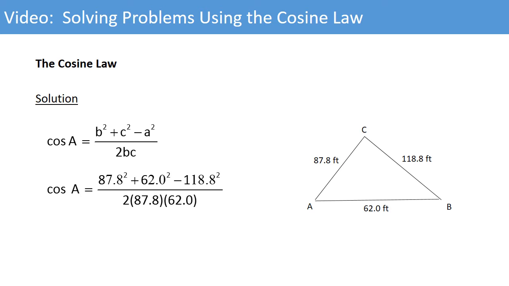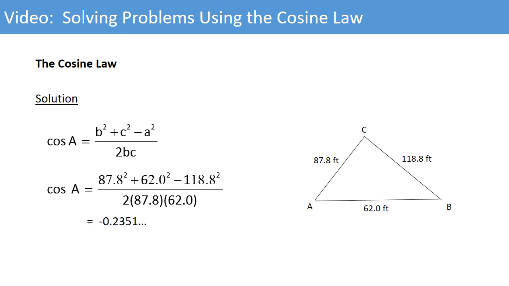Substitute in the values. Cos of A is equal to 87.8 squared plus 62.0 squared minus 118.8 squared, all divided by 2 times 87.8 times 62.0.